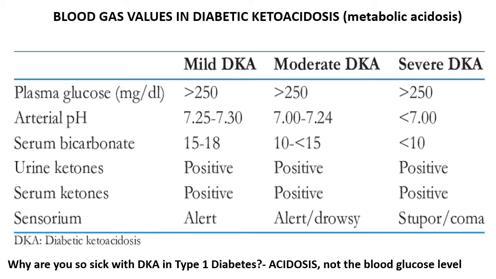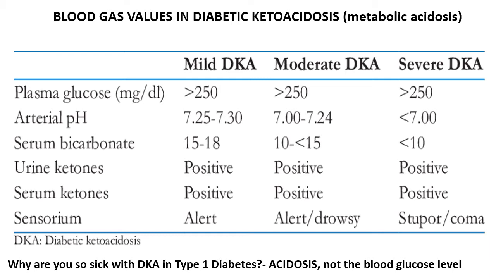You're not too sick. Severe DKA, you've broken down so many fatty acids and produced ketones, your pH is less than 7. Well, that's at a dangerous level, right? So at around 6.8 of pH, that's starting to be not compatible with life, okay?